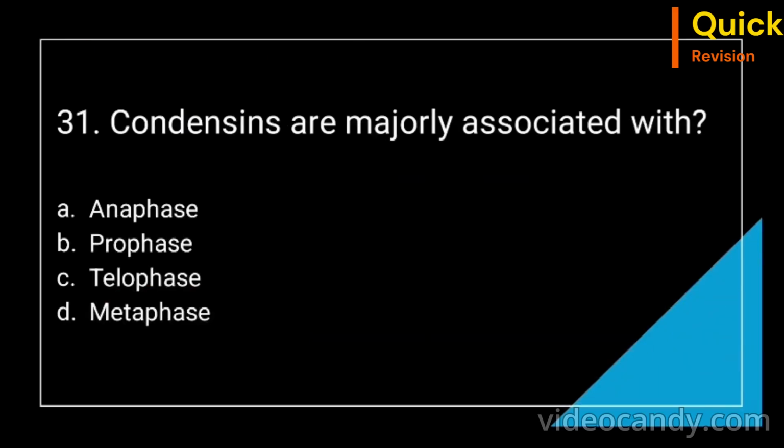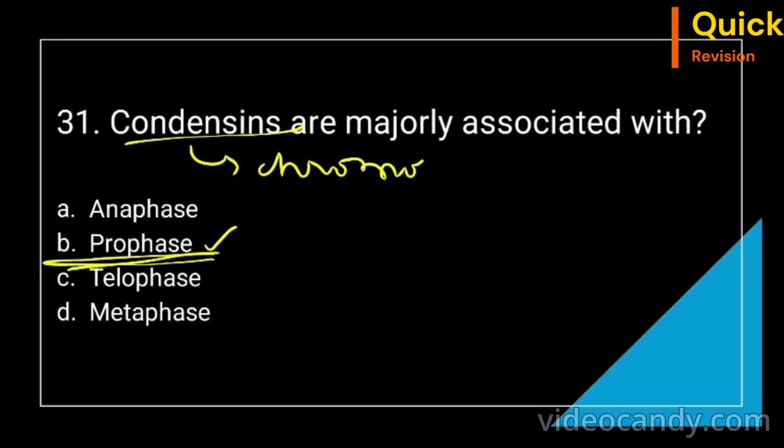31st question. Condensins are majorly associated with anaphase, prophase, telophase, or metaphase? The correct answer is prophase. The condensins are mainly used for chromosomal condensation. These are proteins.